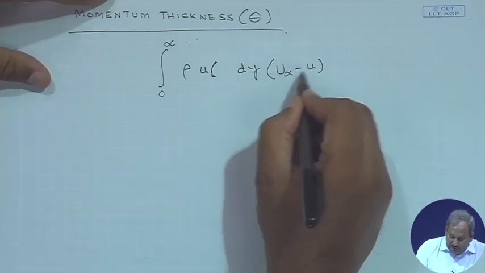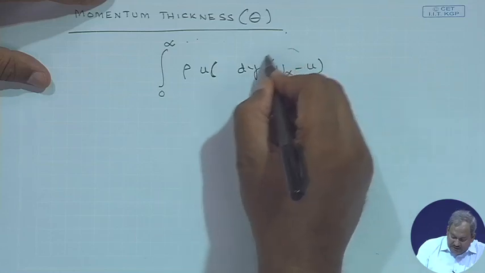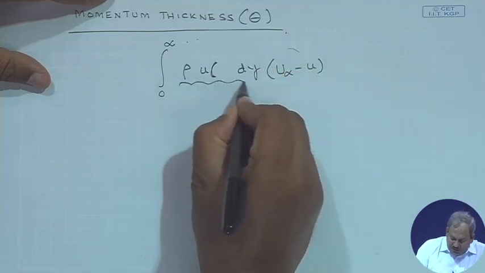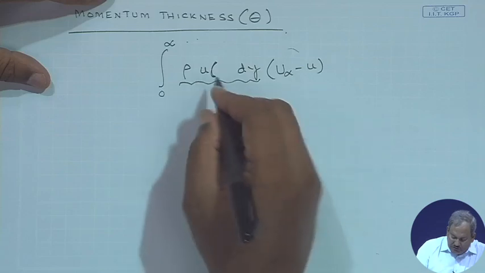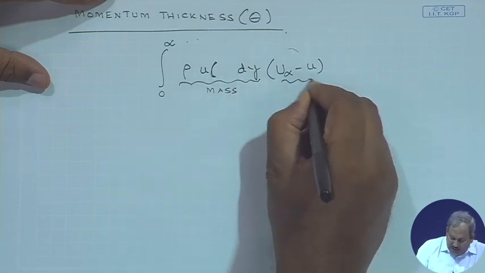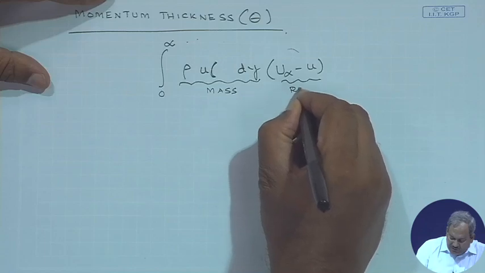So, u infinity minus small u, this is giving me the reduction in momentum flow of this mass. So, this gives me the mass and this is the reduction in velocity.